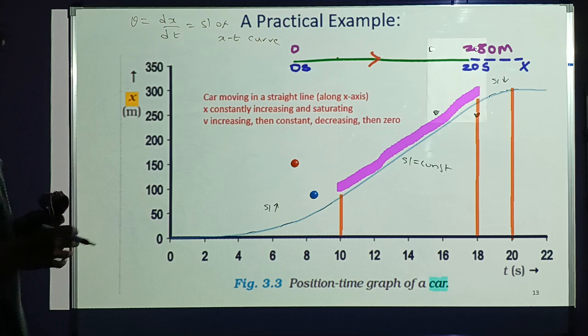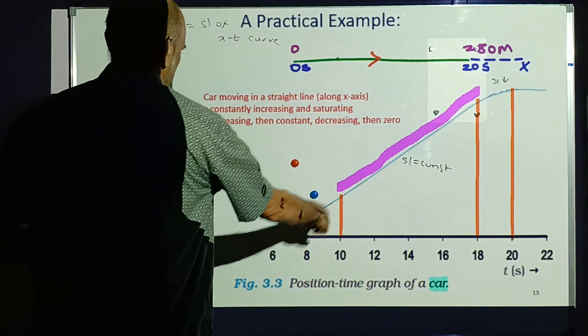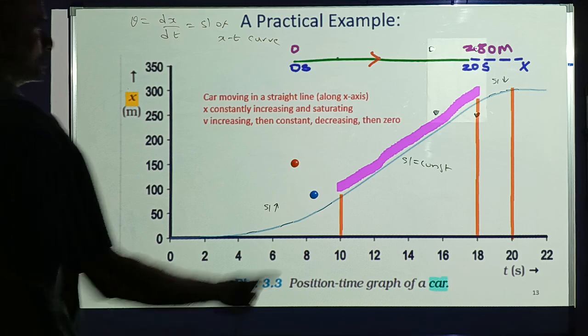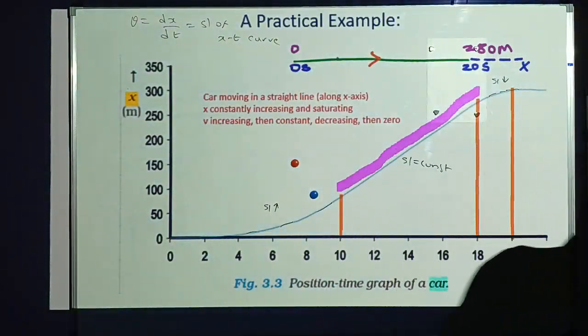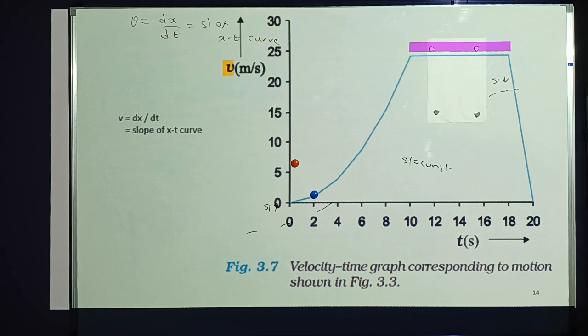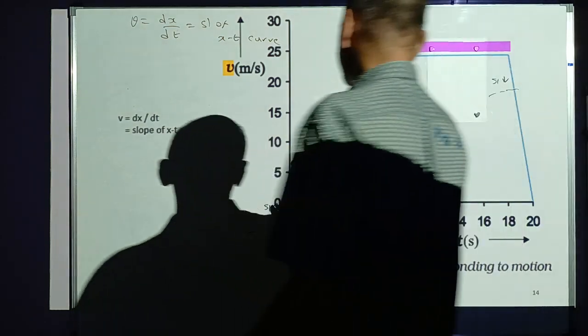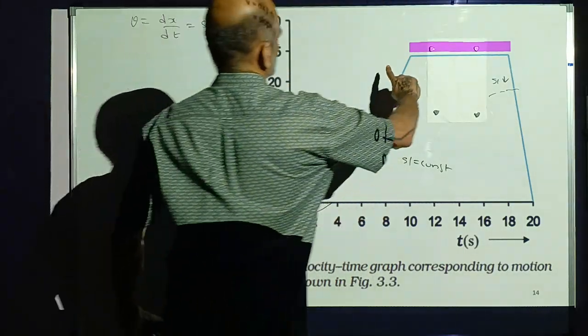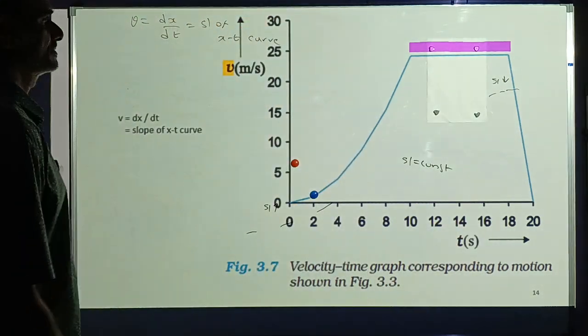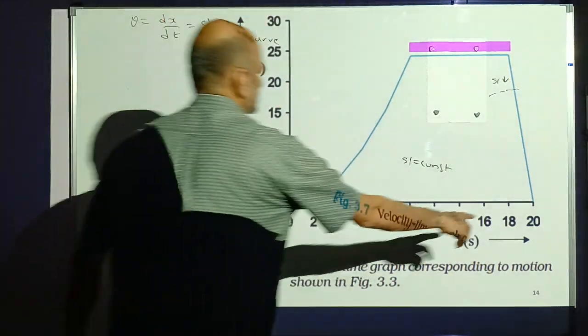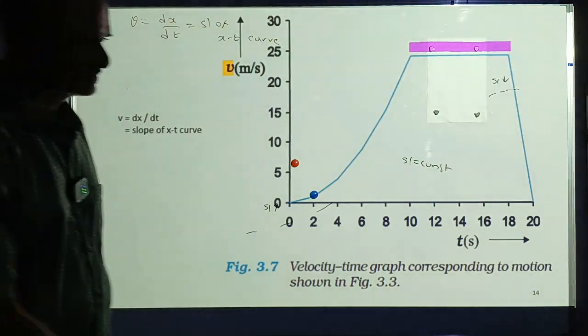This is the geometric interpretation of the derivative. So here the slope is increasing, the slope is constant, and the slope is decreasing here. So the velocity time graph of this motion will look like this. The velocity is increasing because the slope is increasing, and then the velocity is constant because the slope is constant. After that, the velocity is decreasing because the slope is decreasing. So here the slope is 0 because it's a maximum point.